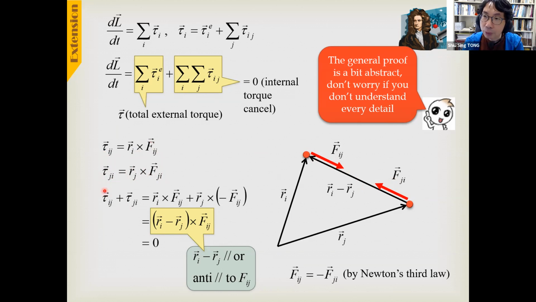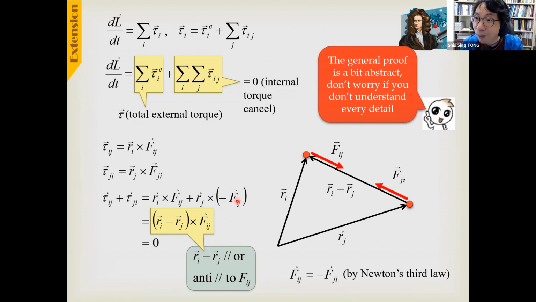If I sum up the two internal torques on these two particles, what I can see is that we have Ri cross Fij plus Rj cross Fji. But since Fij and Fji are an action and reaction pair, Fji is equal to minus Fij.